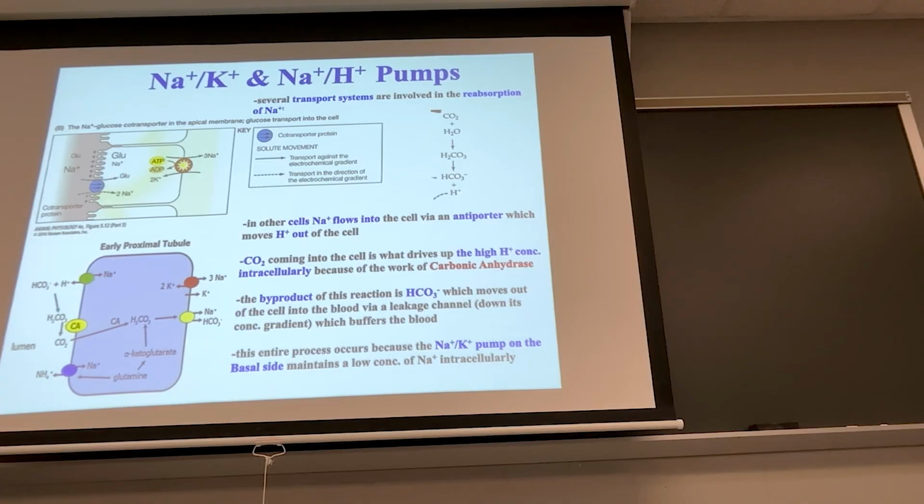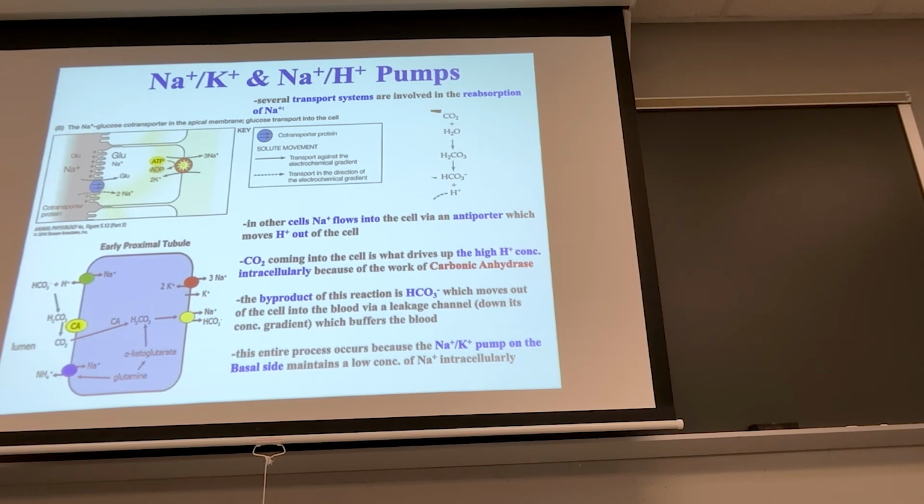What carbonic anhydrase does is it supports the production of carbonic acid, which is this guy right here, H2CO3. It does that by combining water and carbon dioxide together. Carbonic acid immediately breaks down into two ions: a negative bicarbonate, which the body likes to keep and use, and then protons.